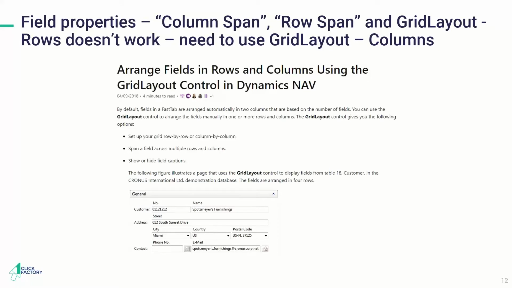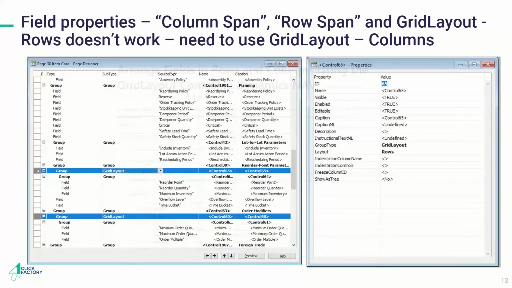Then field properties, like arranging fields and rows, are not supported anymore, and using properties in grid layout, column span and row span, are not supported. So I have one example, which is in the well-known standard item card.